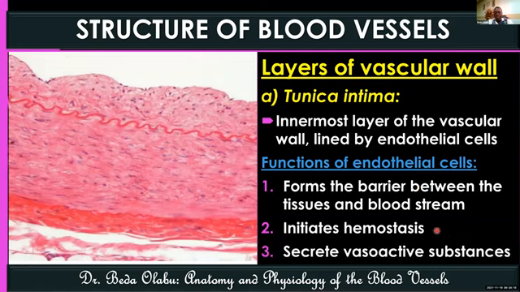Another role is that endothelial cells produce some vasoactive substances, chemical substances which have the capacity of regulating the lumen of blood vessels. Okay, that is tunica intima.